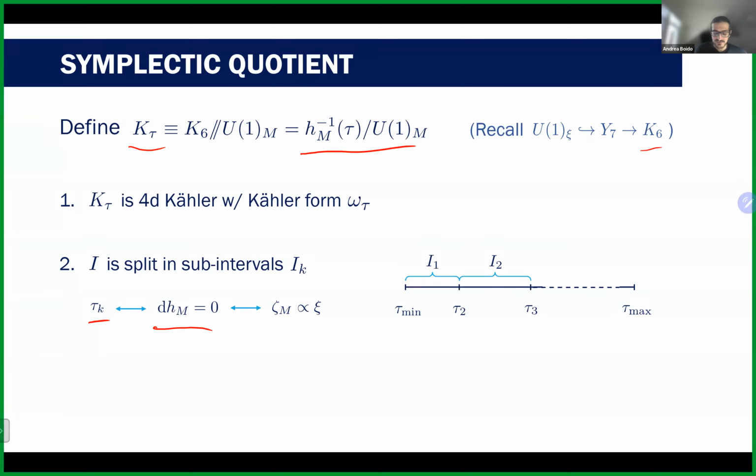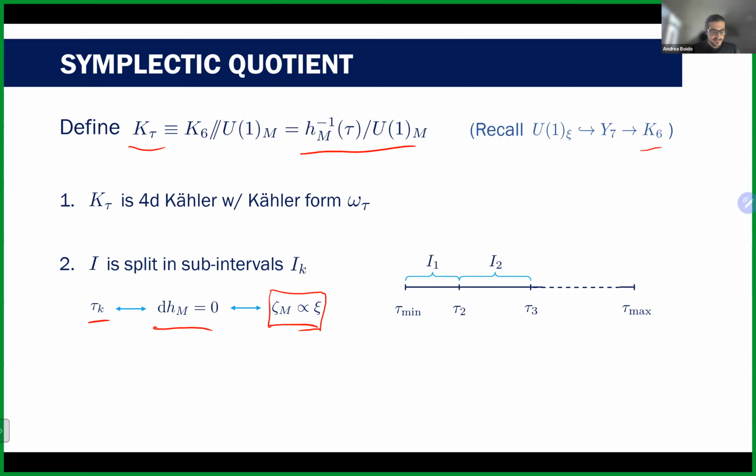So where dh is equal to 0, which, if you study its expression, you will realize is also when the M theory circle is aligned with the R symmetry circle. That's also quite intuitive, because to restrict to your space K6, you had to quotient with respect to the U1 R symmetry circle. So when this condition is true, with Z_M aligned to Xi, these are fixed points of the action of Z_M on K6.